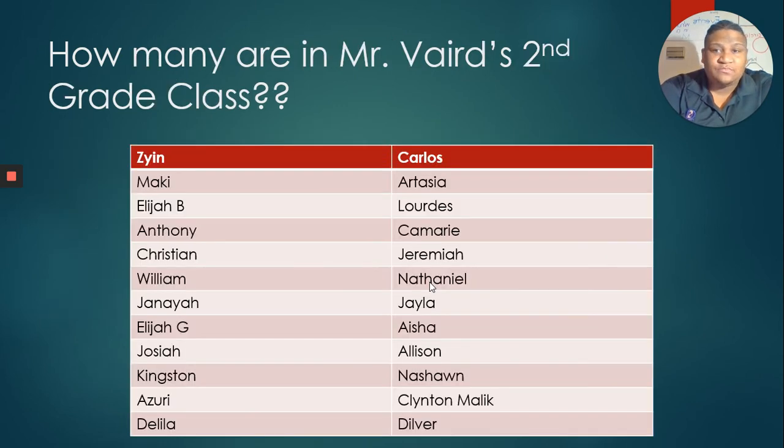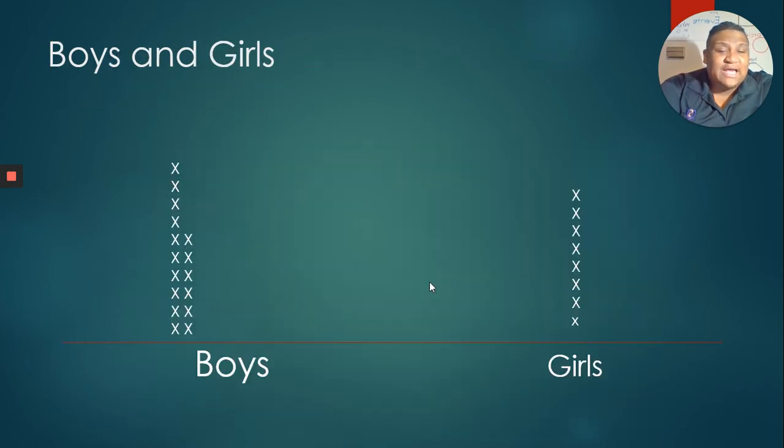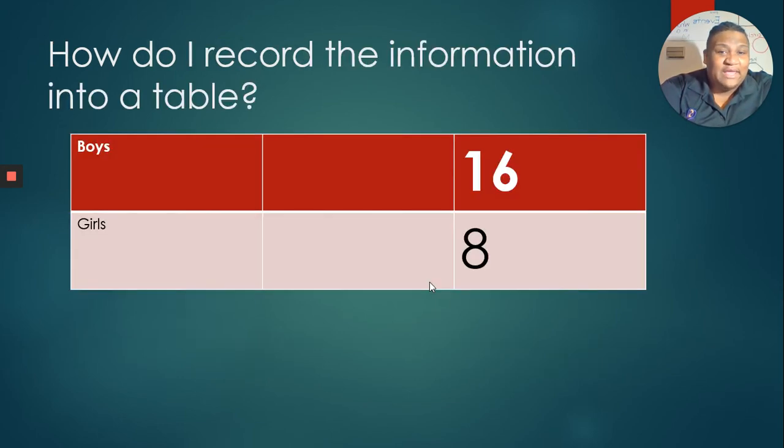How many are in Mr. Baird's second grade class? Of course, I had my table and I was able to distinguish how many boys and how many girls. So if I were to interpret that, I had 16 boys and 8 girls, as I wrote it on my chart, on my table.